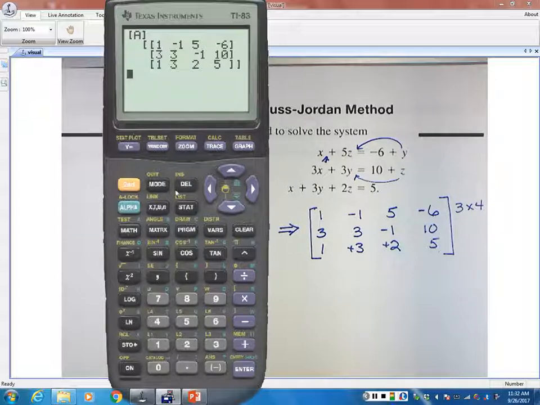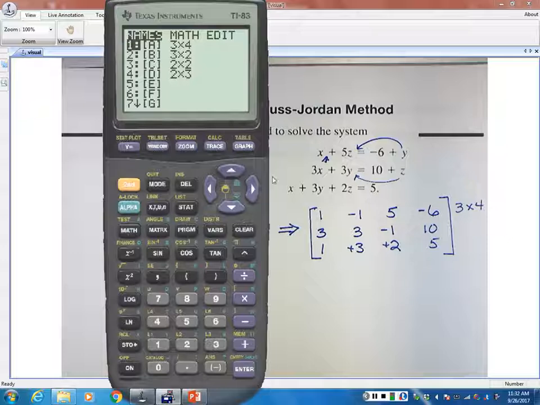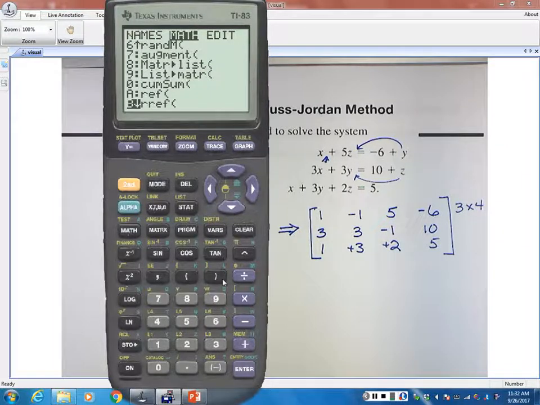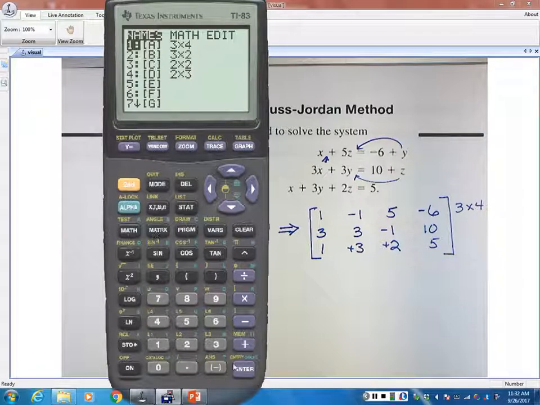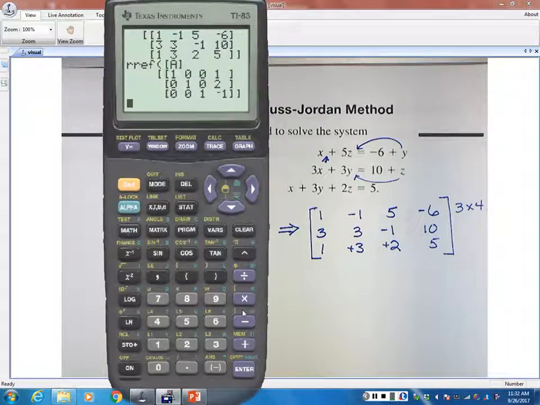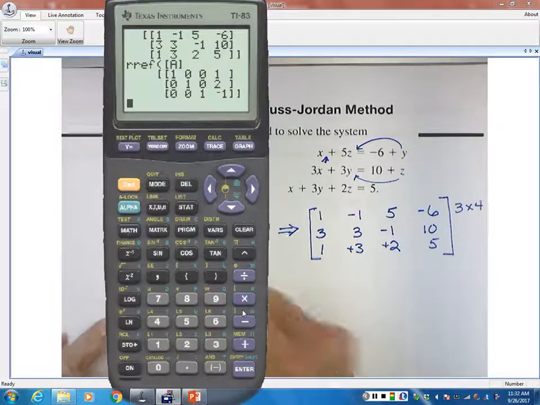So then we go matrix menu, over to math, down to option B, and tell it it's matrix A. So our reduced row echelon form looks like this.